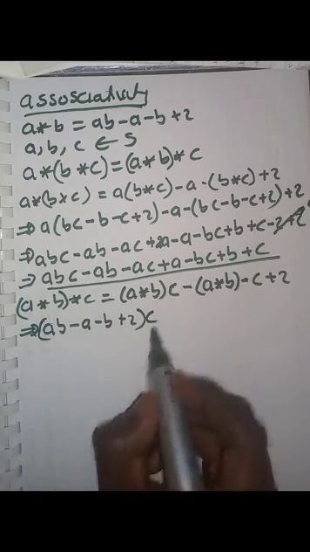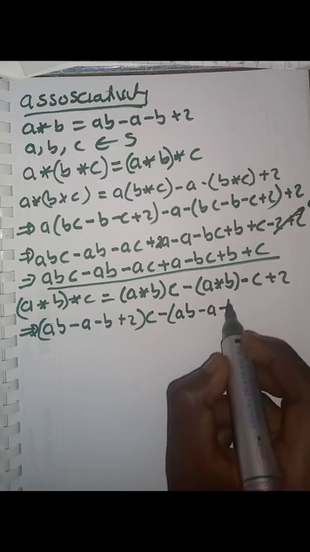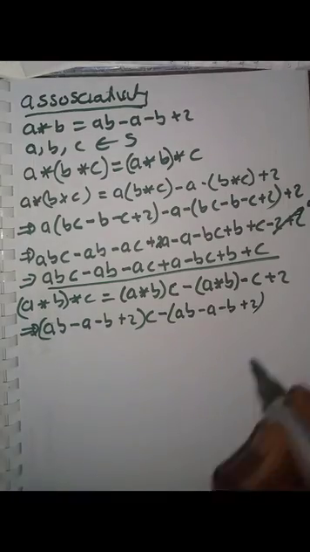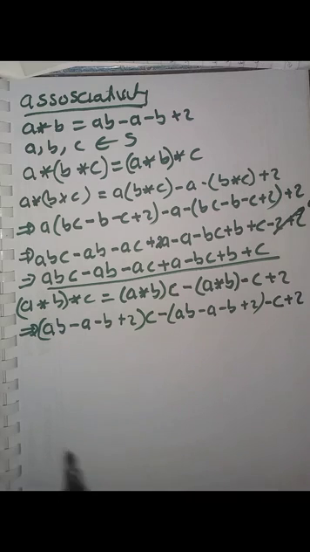All that we multiply it with C, minus AB minus A minus B plus 2, minus C, then plus 2. Great.